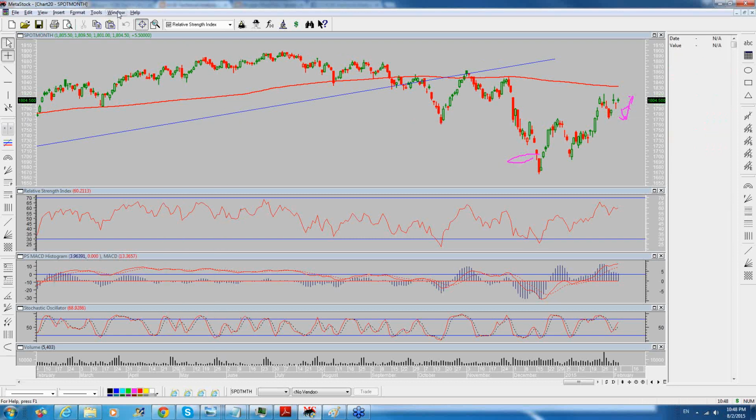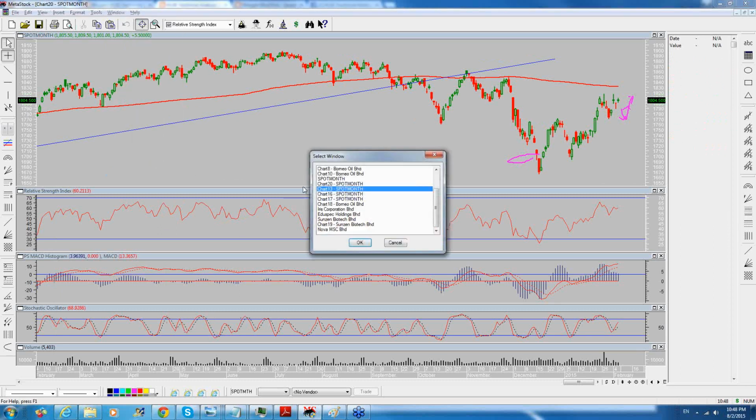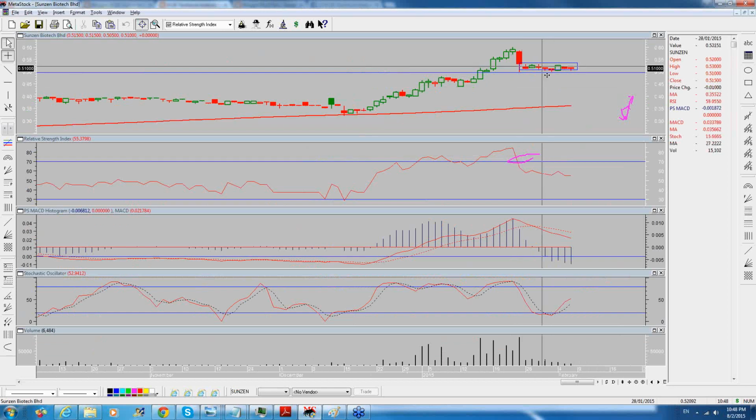Okay, and someone highlighted asking about Sanzi. Okay, thanks for that. I like this stock very much because I do see some consolidation here.